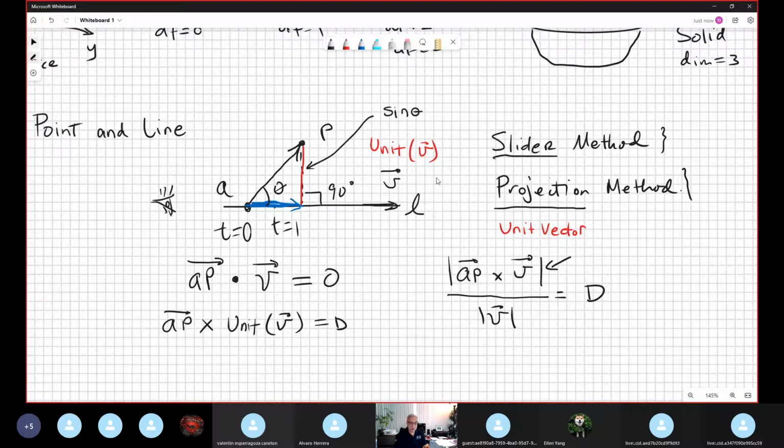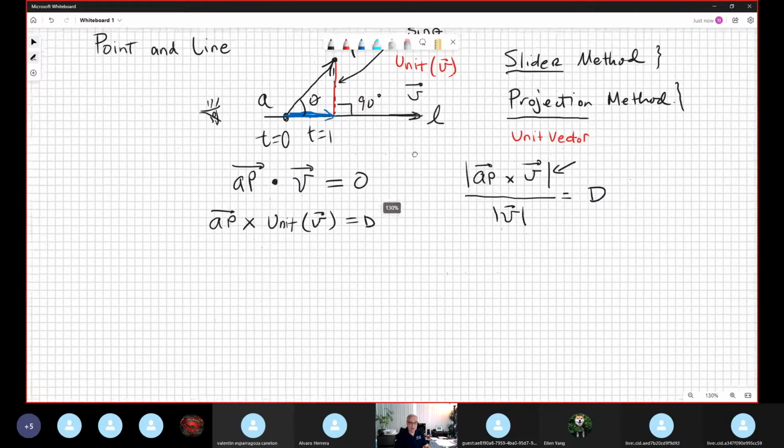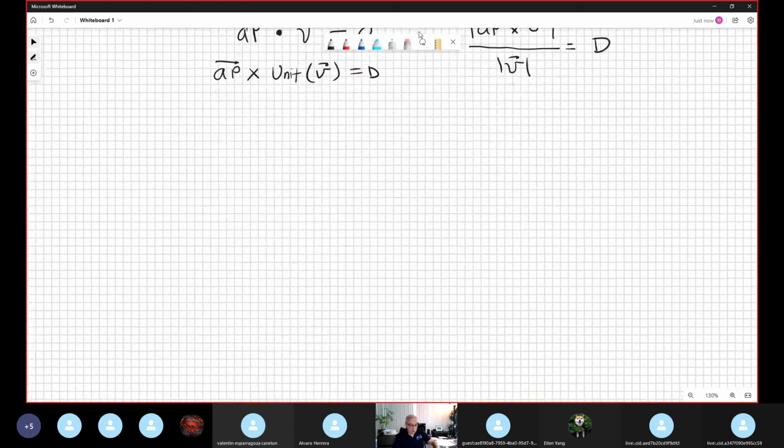Okay, let's try a slider. What is the idea of the slider? Let's put numbers here to understand much better. Suppose that we have a point. One point is given. That point P is (4,4,1). And one line is given.